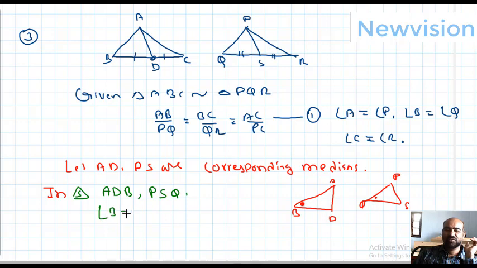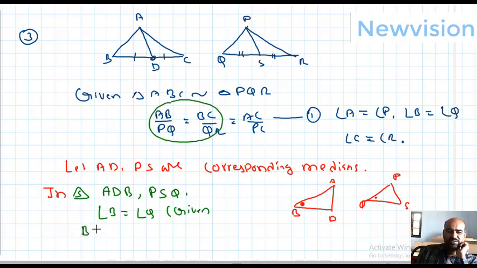Angle B equal to angle Q, I can say given. Interesting result you will get. Now I want to use the result AB by PQ equal to BC by QR, given.